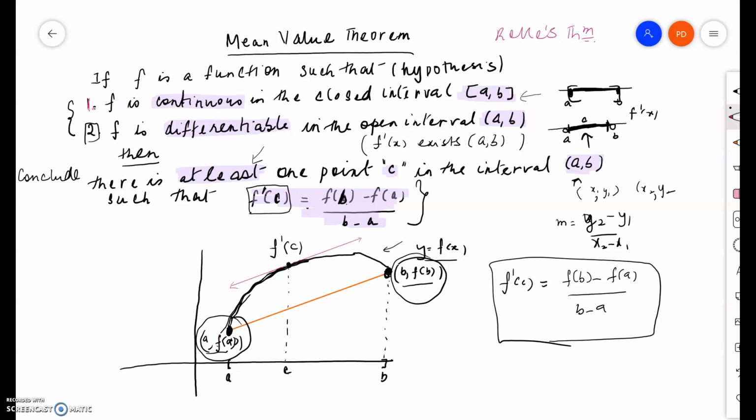It satisfies one, f is a continuous function in a closed interval [a, b]. Two, f is a differentiable function in the open interval (a, b). And three, there's an additional condition, f of a is equal to f of b. Then we can conclude that there is at least one point c in the interval (a, b) such that f prime of c is equal to f of b minus f of a divided by b minus a.